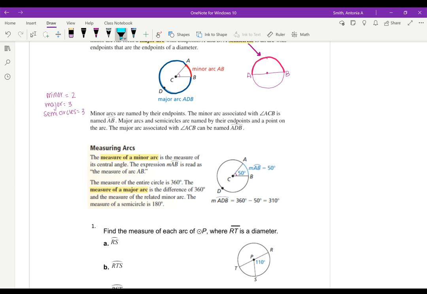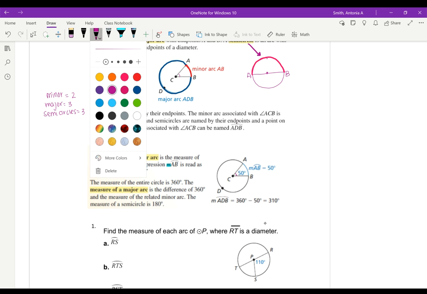So that little M right here means measure. The measure of the entire circle is 360 degrees. So that means that the measure of a major arc is the difference of 360 degrees and the measure of the related minor arc. The measure of a semicircle is always 180 degrees.